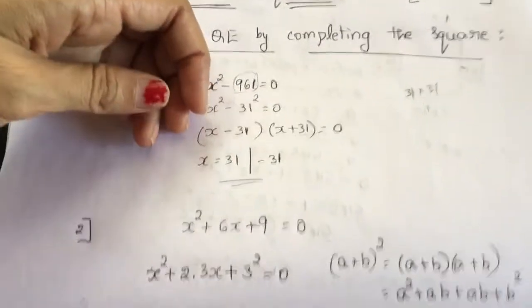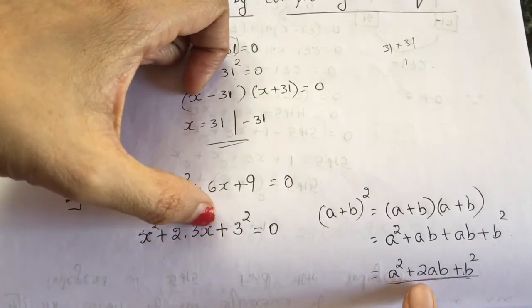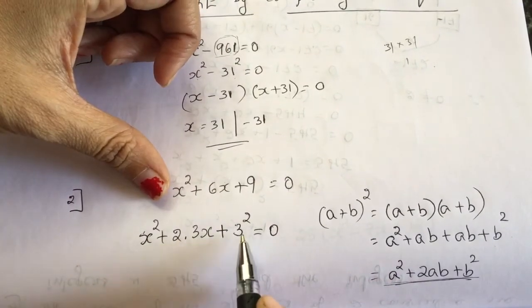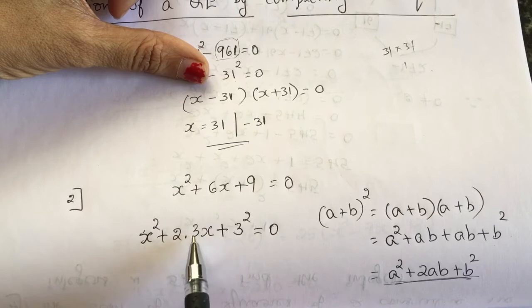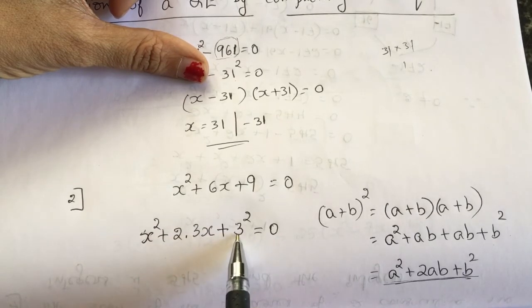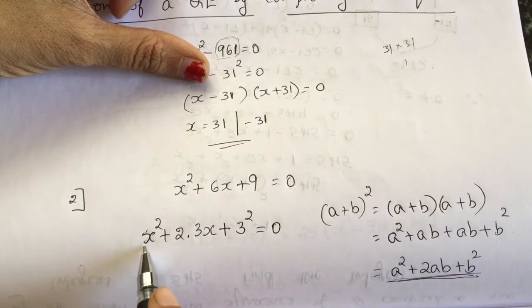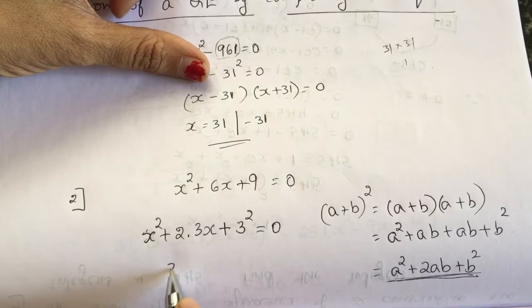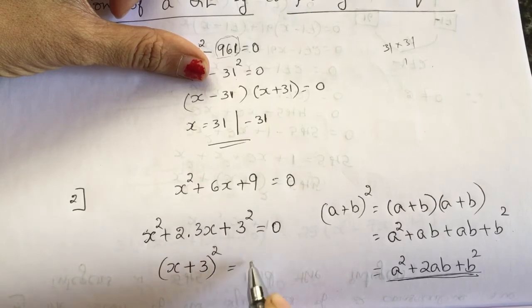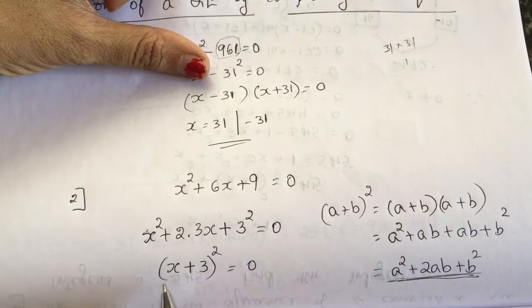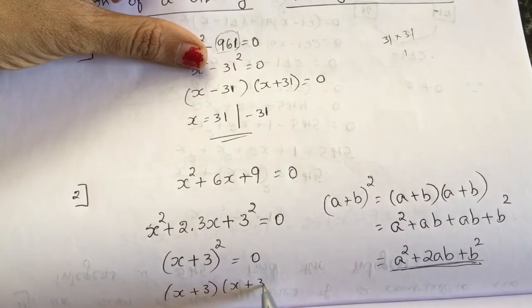That is a square plus 2ab plus b square, right? So this is in this form now, so I can directly rewrite this as (a plus b) whole square equal to 0. This is the same as writing (x plus 3) into (x plus 3) equal to 0.